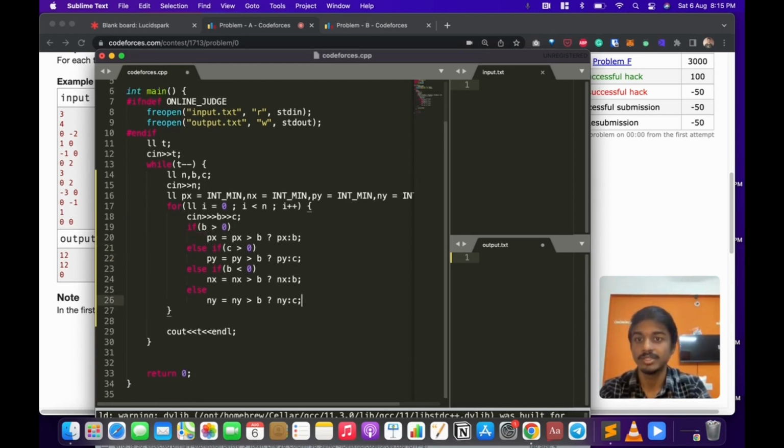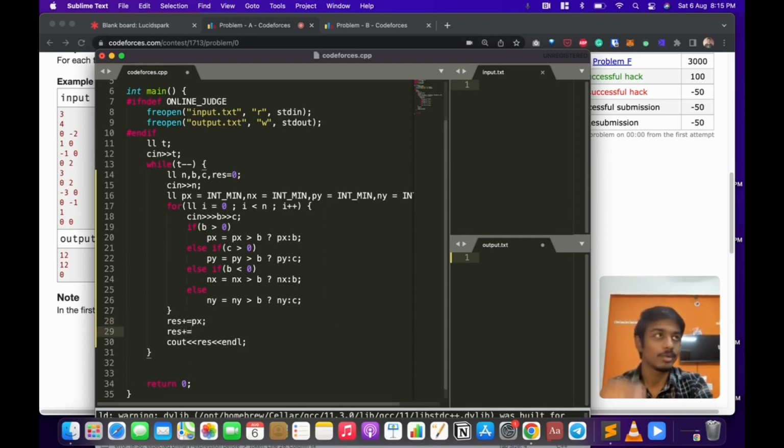Now, what should I do is, so what is this? This is result equal to 0. That is total number. Result will print, and so positive x, result plus equal to px, I just covered positive x, then I have to cover the height.